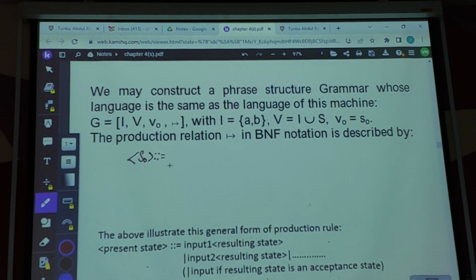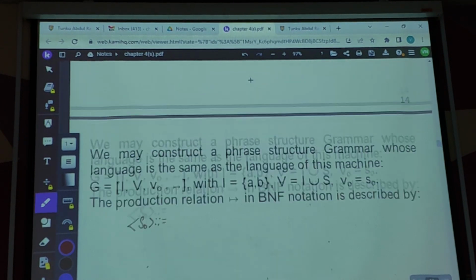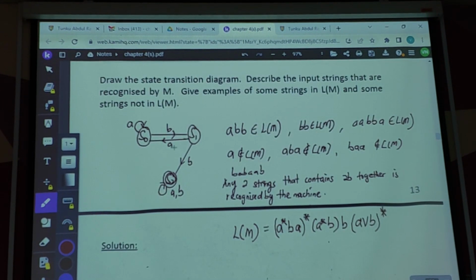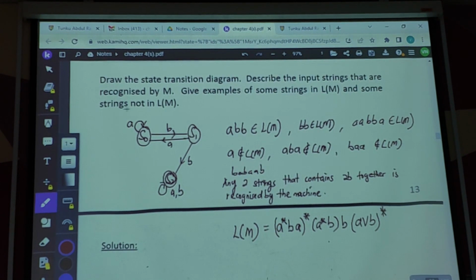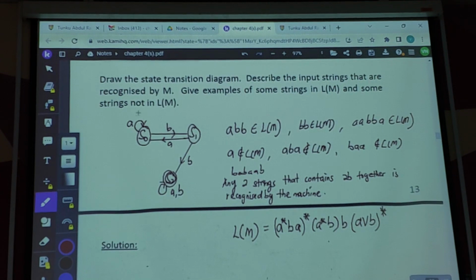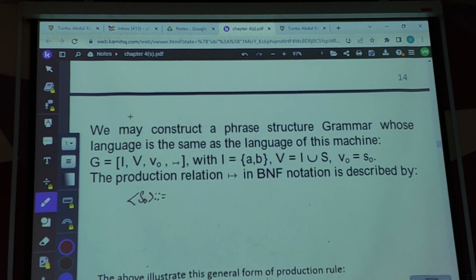BNF, remember BNF? Okay. So now the first one: we have S0, we have A, go back to S0, right? This one, in the diagram here. A, go back to S0. So the first one we write is A S0.